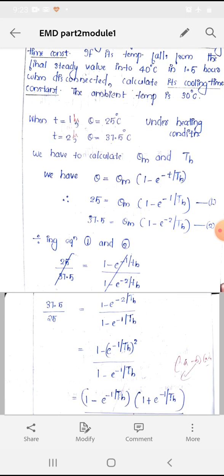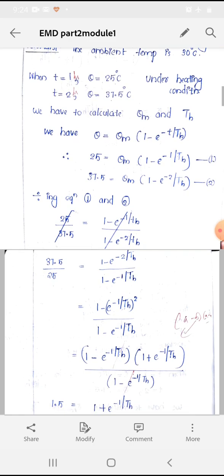On solving equation 1 and equation 2, that is dividing equation 2 by 1, we get 37.5 by 25 is equal to 1 minus e raised to minus 2 by Th, divided by 1 minus e raised to minus 1 by Th. Now e raised to minus 2 by Th can be represented as e raised to minus 1 by Th, the whole square.